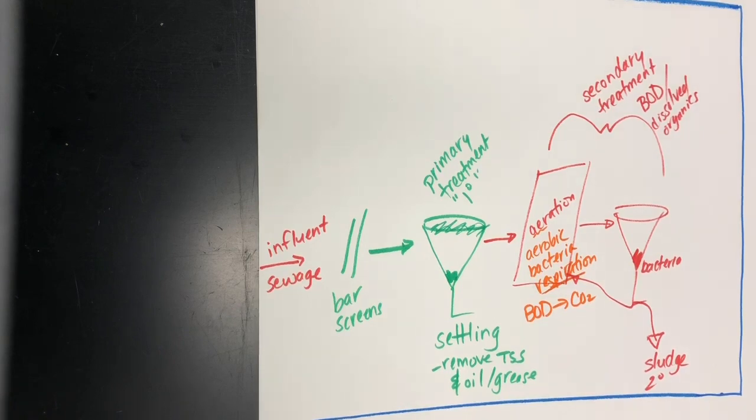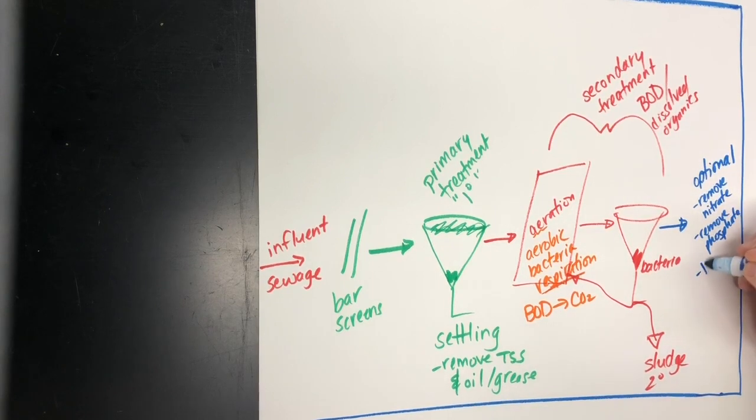Then I can discharge it, but there are optional treatments. Optional, or sometimes called tertiary, meaning third, would be to remove nitrate or phosphate. Again, very expensive, so rarely done. So remove nitrate, remove phosphate. They may also kill bacteria, so chlorination or UV radiation or ozonation, depending if people might come in contact with it.